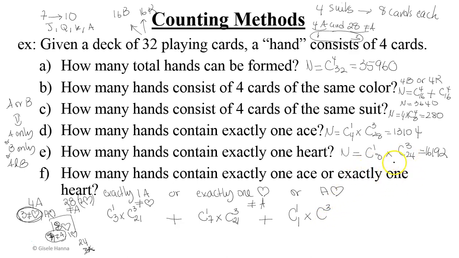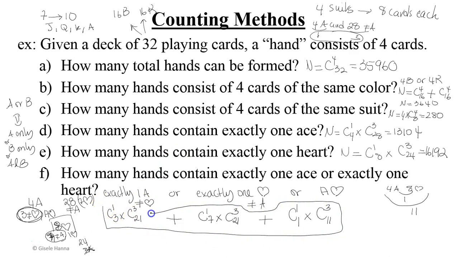We know that in total we have 4 aces and 8 hearts with 1 card in common. So that's in total 11 cards if we count the card in common once. So these 3 should be selected out of 11. Evaluating this on your calculator would give you the number of hands that contain exactly 1 ace or exactly 1 heart.